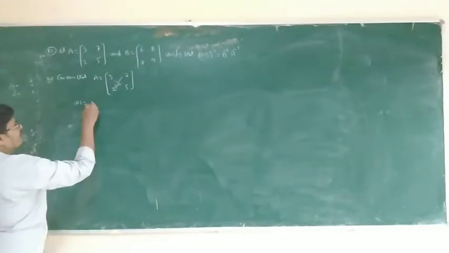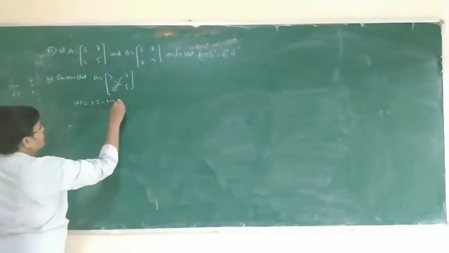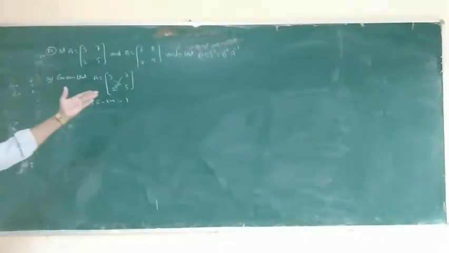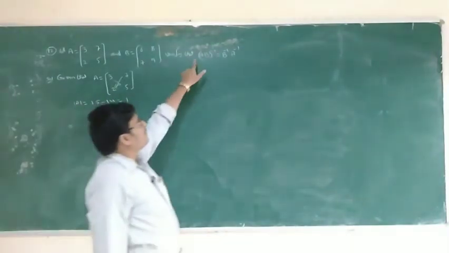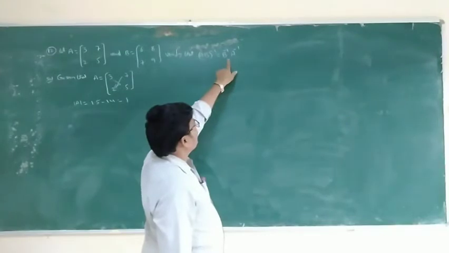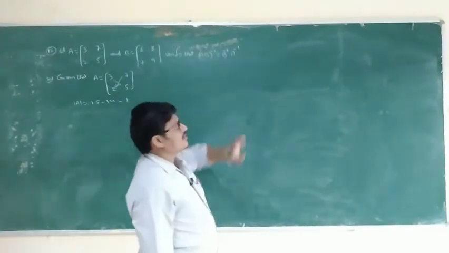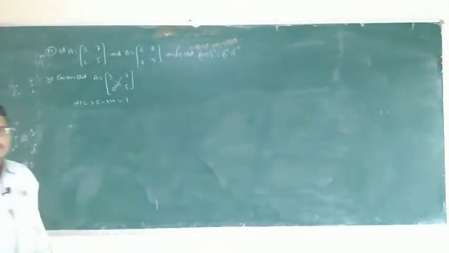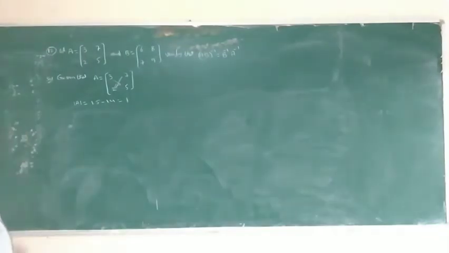Det A is equal to 3 into 5, 15, minus 14, is equal to 1. The procedure is: first find A, det A, then AB, the inverse of AB, and B inverse, A inverse and the product of B inverse and A inverse.